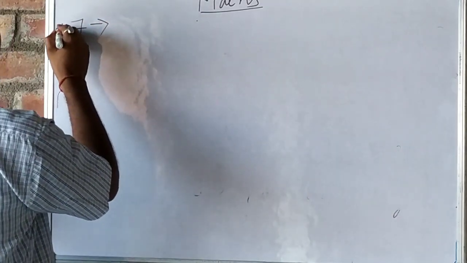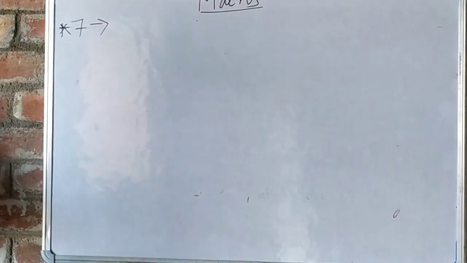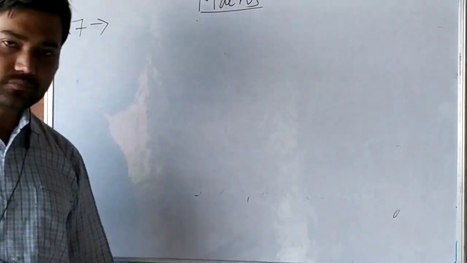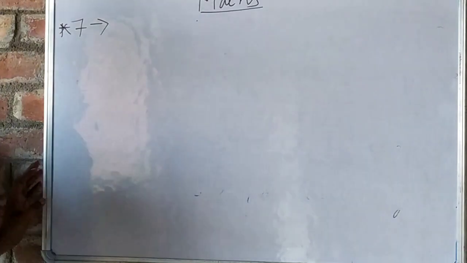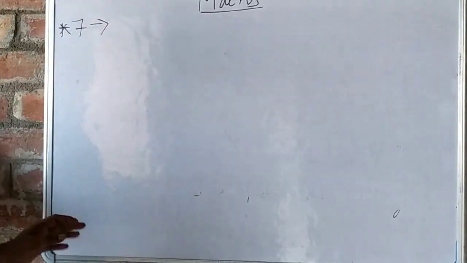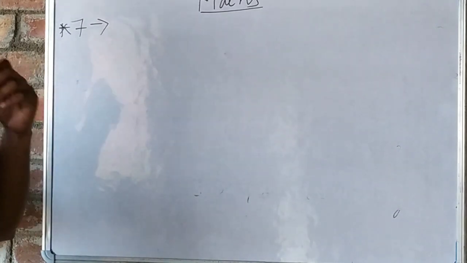Now we will see the divisibility of 7. Understand? So what happens in the divisibility of 7? Let us consider a number.